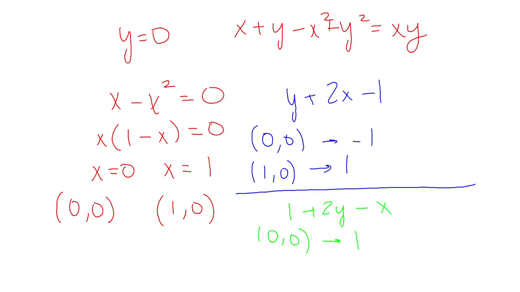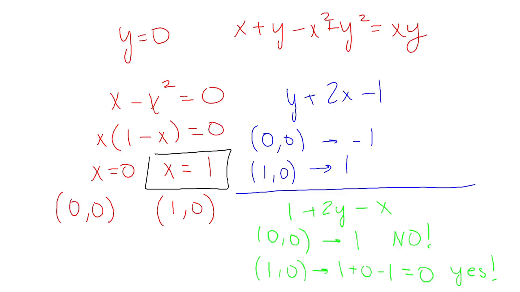It doesn't make the denominator 0, so no. And if I plug in (1, 0), we end up getting 1 plus 0 minus 1, which does equal 0, so that's a yes. The denominator of our derivative is 0 there. So we end up getting x equals 1, but we ignore the x equals 0. So that's one half of this.